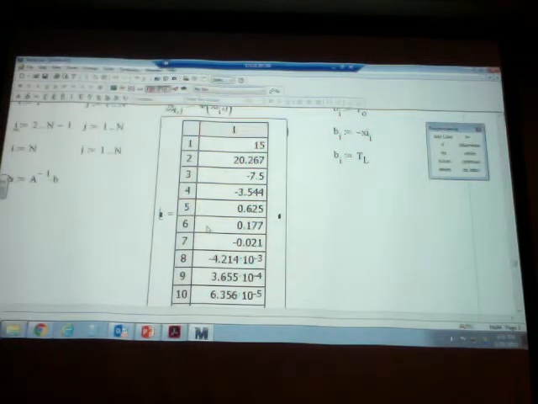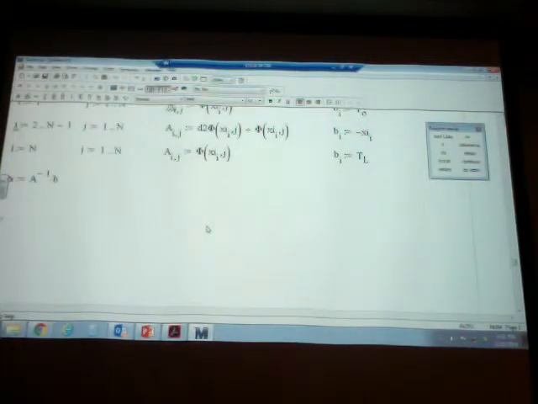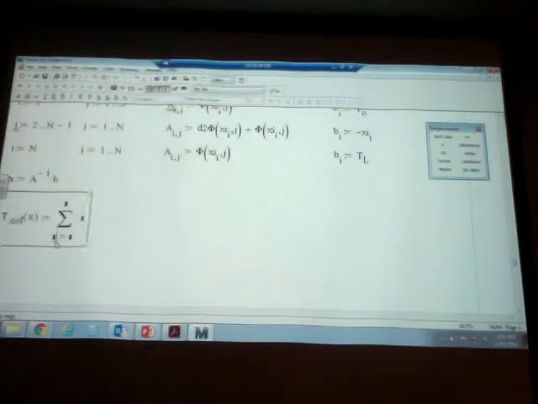All right? So we make that T, what are we going to call this? T collocation, T col, as a function of x, is equal to the summation from j equals 1 to n of alpha index j times phi(x, j).